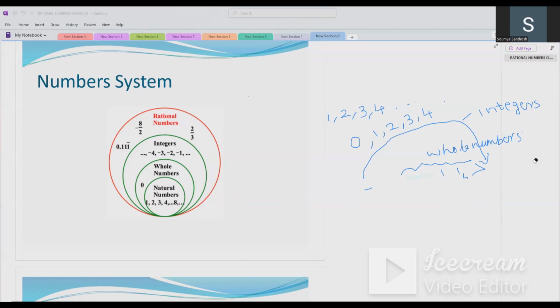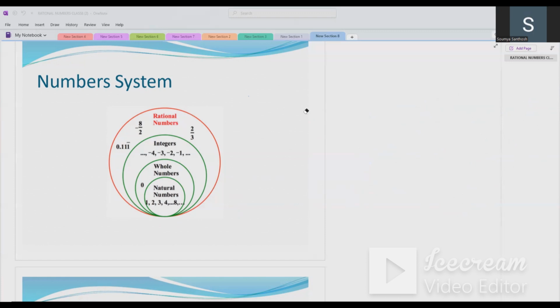Rational numbers are the numbers which are in the form of p by q. What is the name you have learned for the numbers which we write in the form of p by q? Fractions, right?